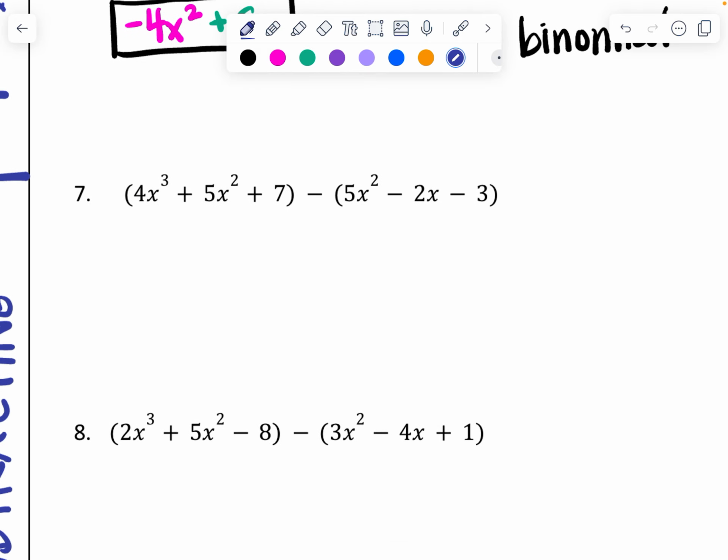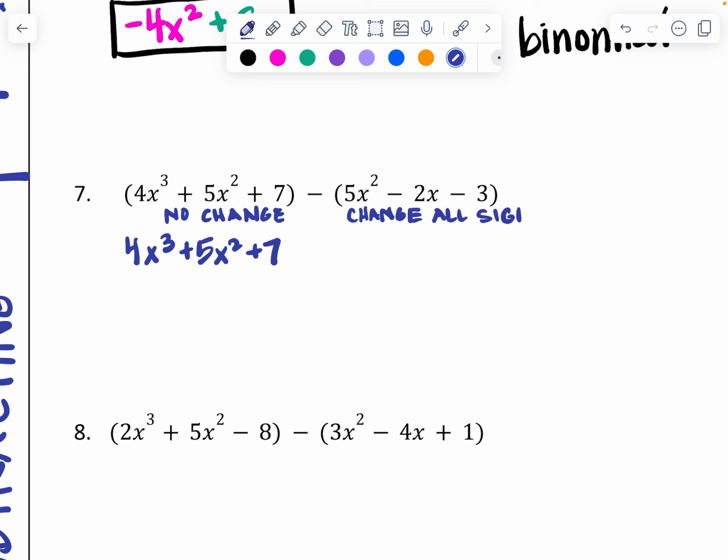So, for this first polynomial, no change. So I'm just going to rewrite 4x cubed plus 5x squared plus 7. For the second one, if you are subtracting, change all signs.